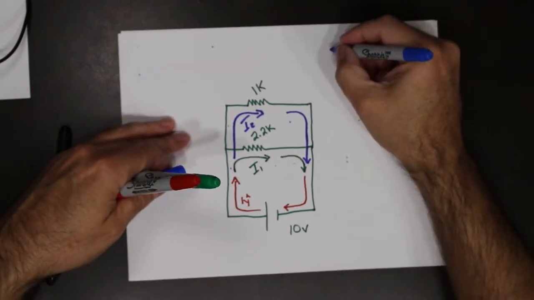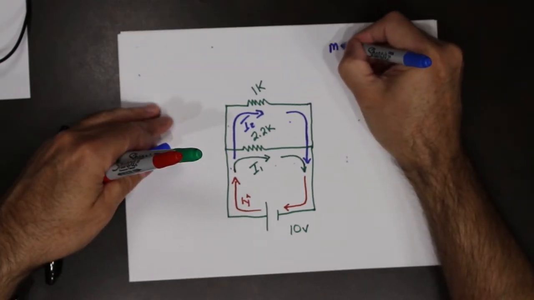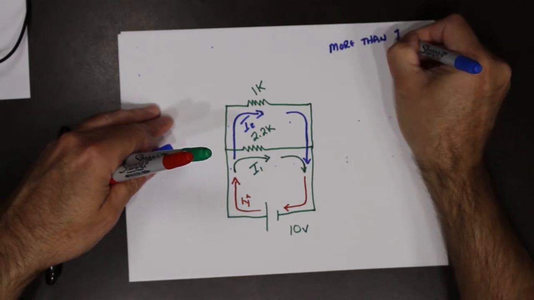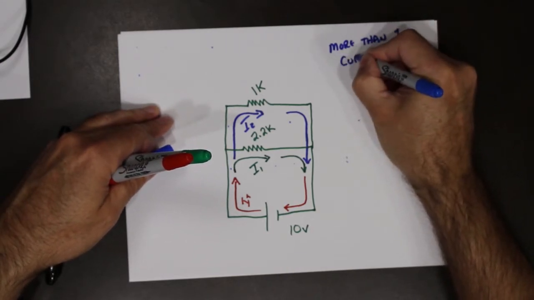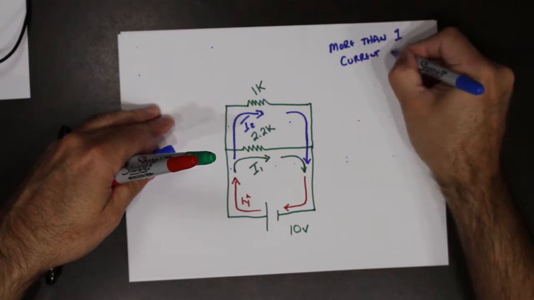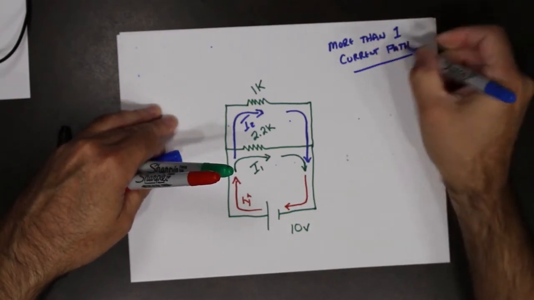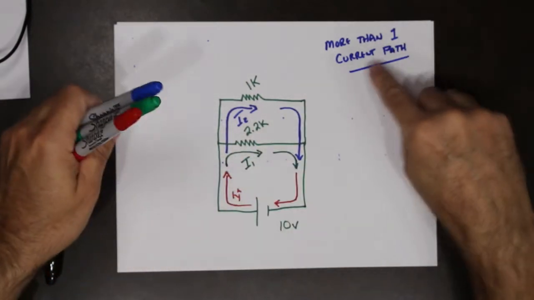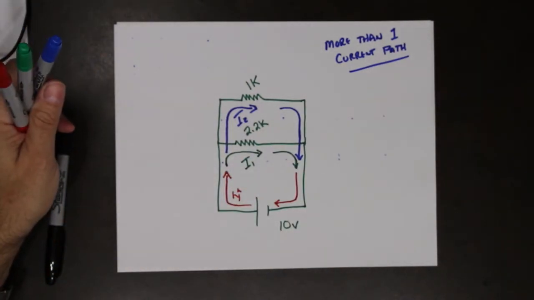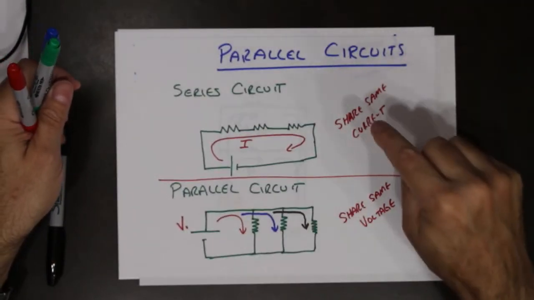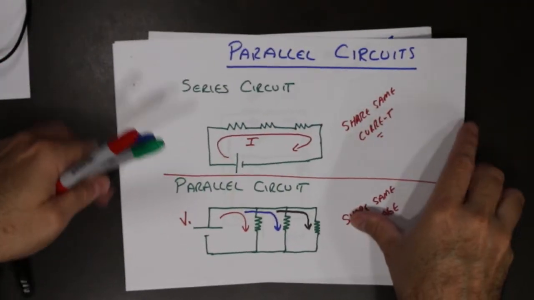So in a parallel circuit, you can also say that there is more than one current path. So if things are in parallel, there's more than one current path. When things are in series, there's only one current path.